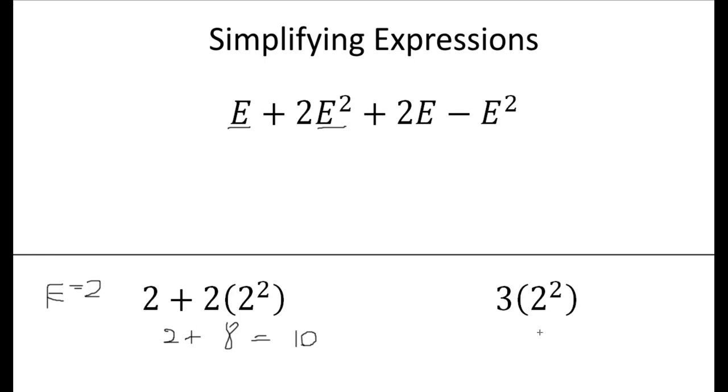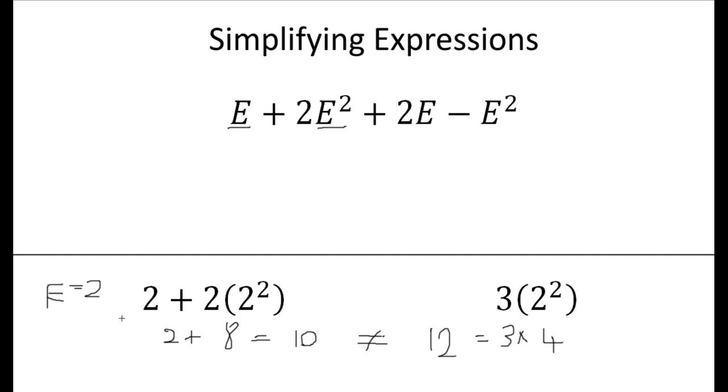And now here we have 4, which is 2 squared, times 3, and this is 12. Now you can see that 10 is not equal to 12, even though we just assumed that you can add these together. This is not allowed. You can't do that.